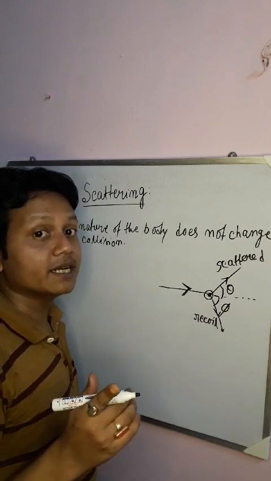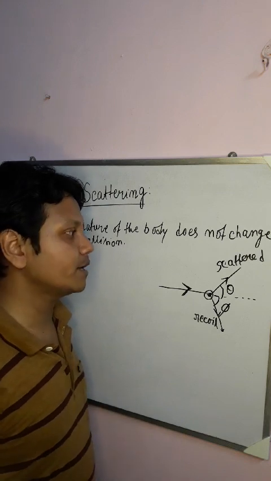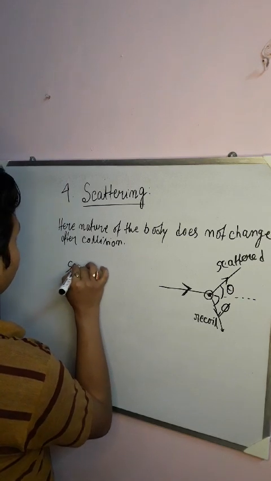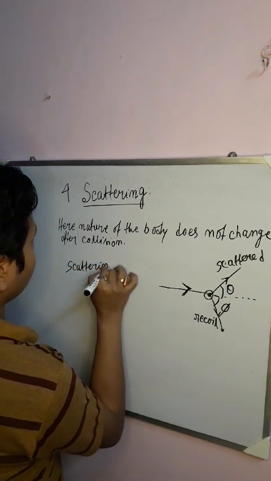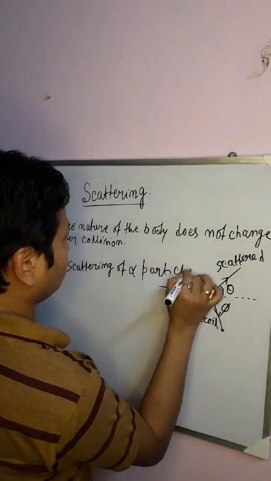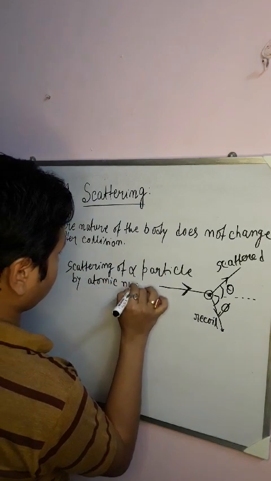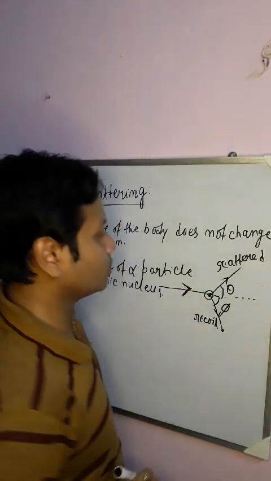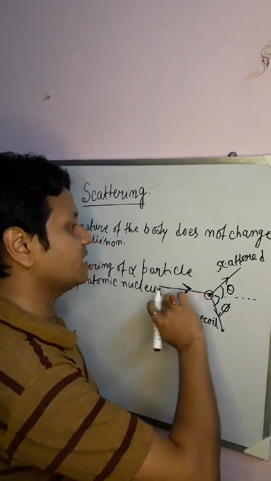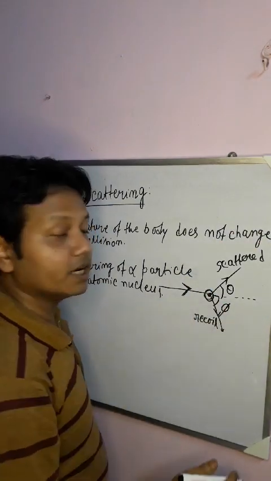The familiar example is the scattering of an alpha particle by an atomic nucleus. This is scattering. If an incident particle strikes a target, after collision the incident particle is scattered in some direction and the target recoils in another direction.